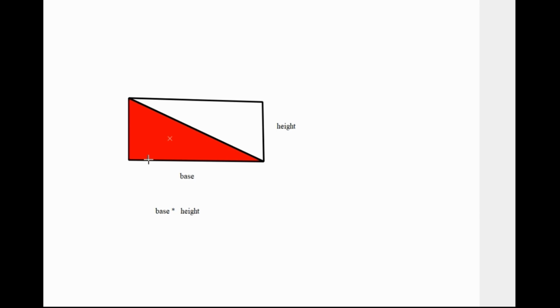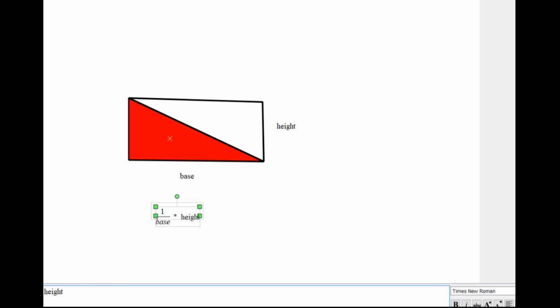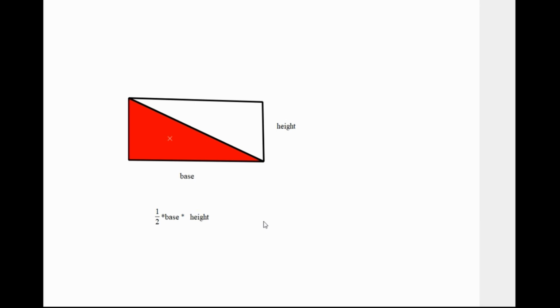But we are in fact interested in the triangle, so it is half of that, and we end up with 1 over 2, half times the base times the height. That is why you have this particular formula. But the interesting thing is, it also works if you have a triangle that does this. Half the base times the vertical height.